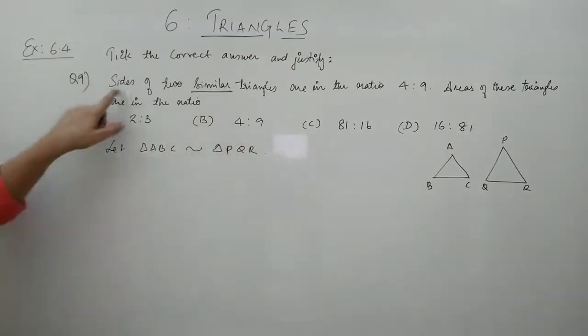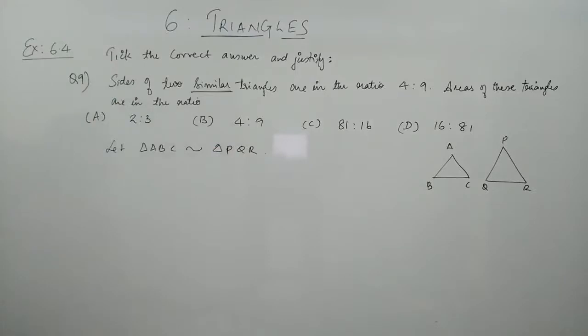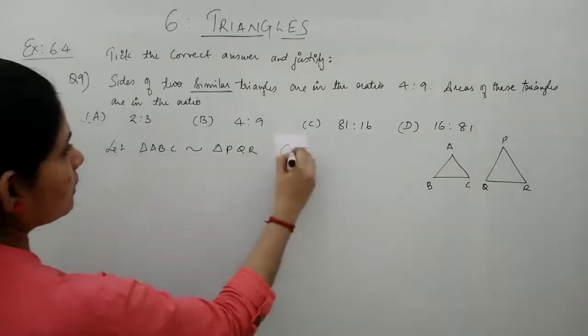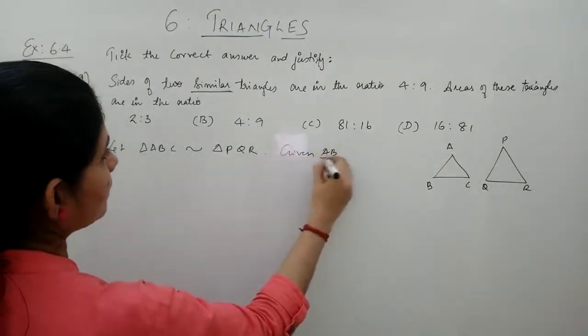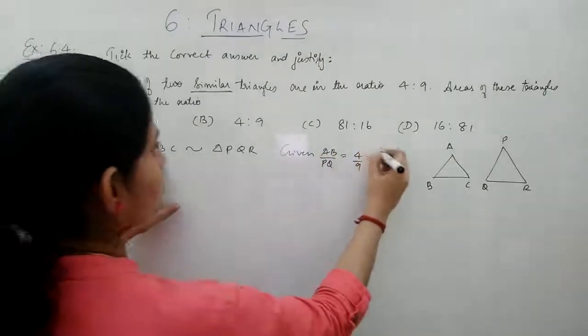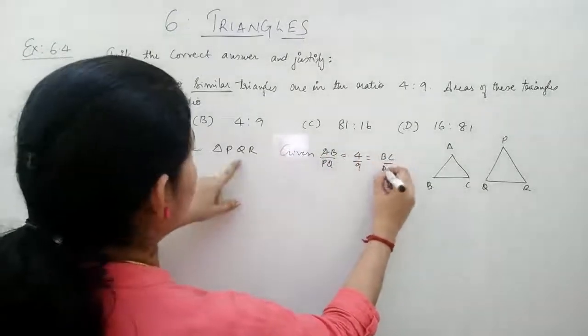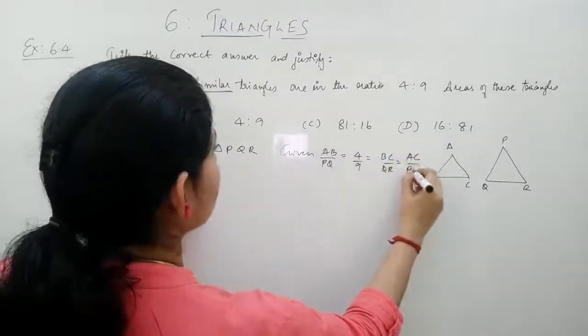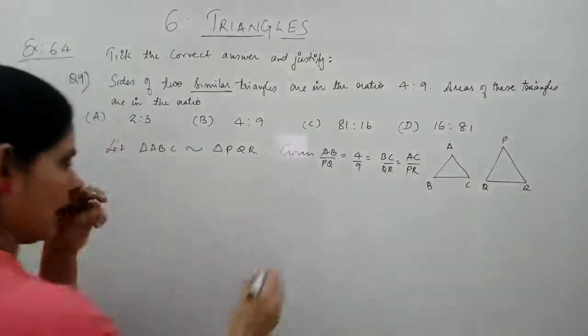Now what they have given, the corresponding sides ratio is 4:9. So you can say that given AB by PQ is equal to 4/9. Or you can say any of the ratios you can take, BC by QR or AC by PR. So everything will be same as 4/9. Okay.